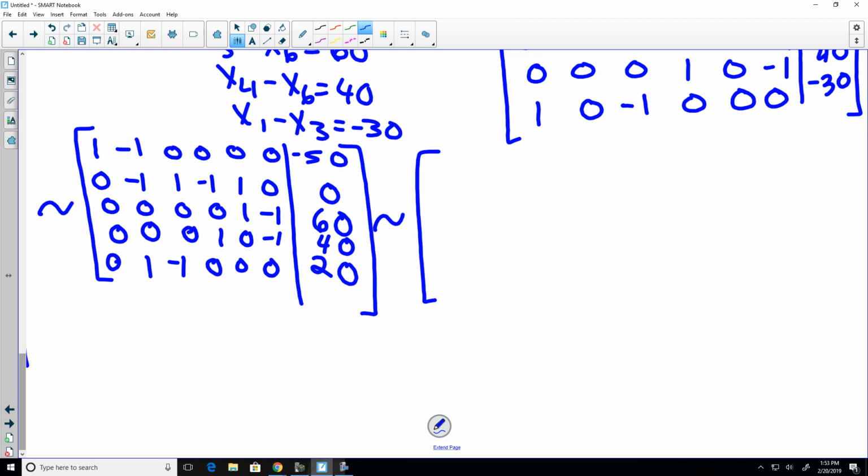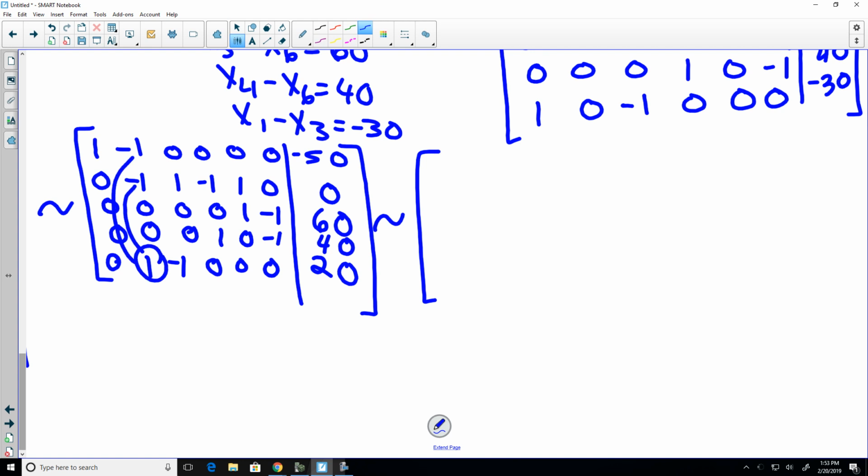Let's add row 2 and row 4. I want to do row 1 too. So I'm just going to take this 1 and use it to make these 0.